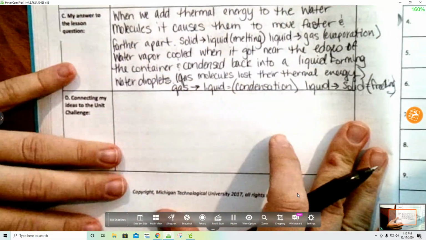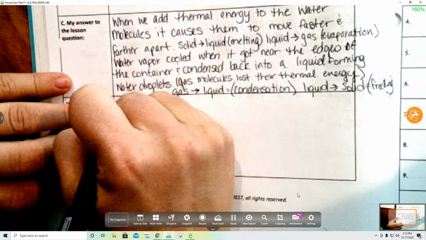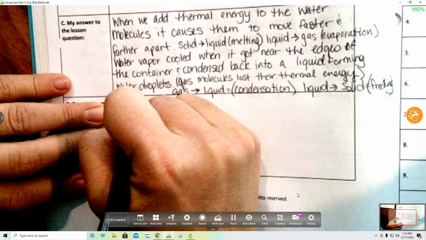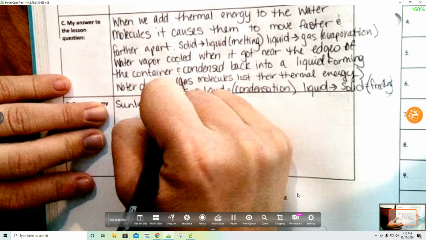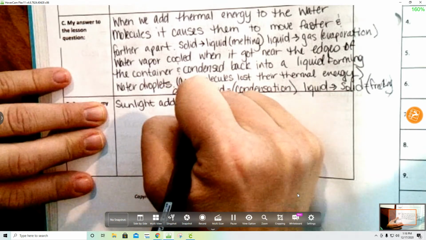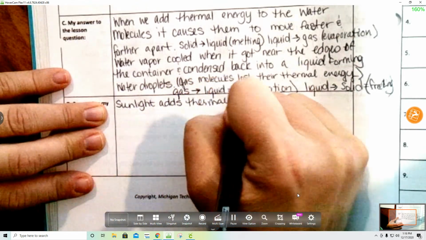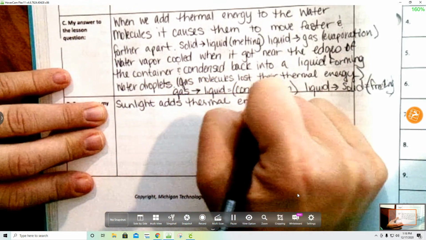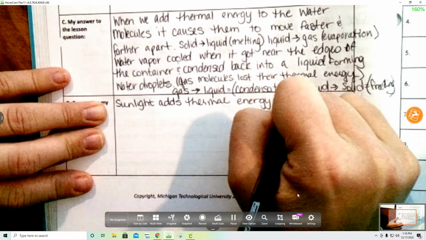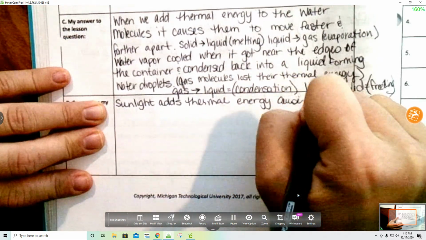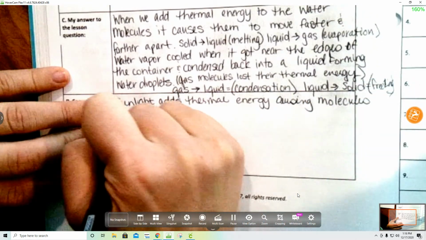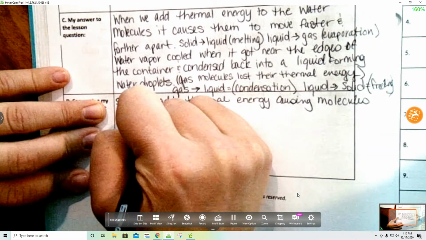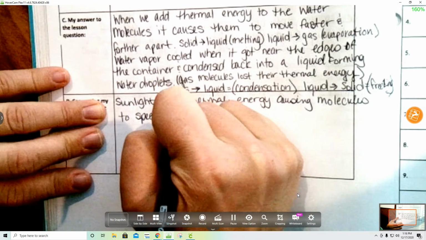Which is why you end up having that overflow. So we know that sunlight adds thermal energy, causing molecules to speed up and spread out.